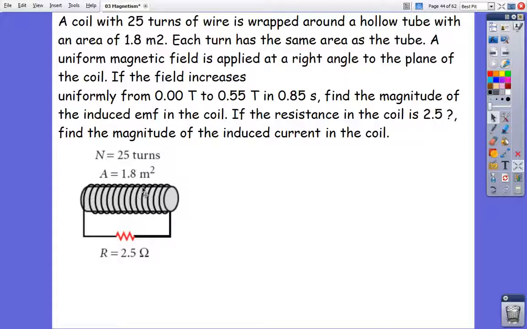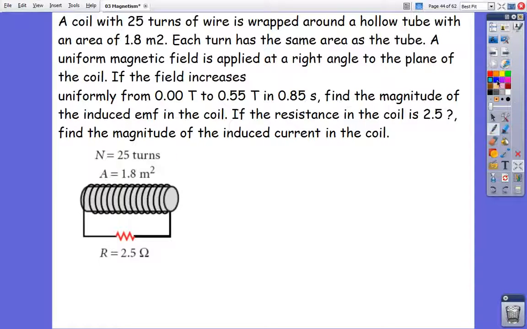A uniform magnetic field is applied at a right angle to the plane of the coil. If the field increases uniformly from 0 Tesla to 0.55 Tesla in 0.85 seconds, find the magnitude of the induced EMF in the coil. If the resistance in the coil is 2.5 ohm, find the magnitude of the induced current in the coil.